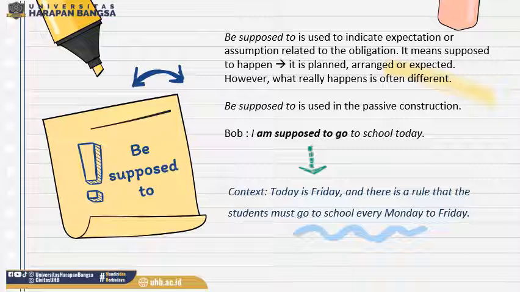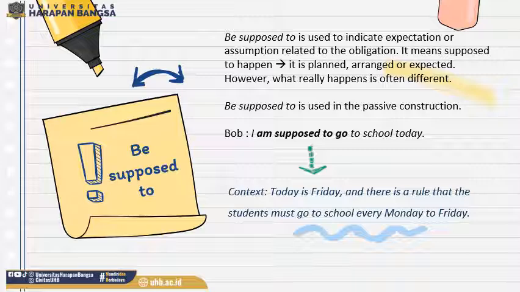Nah, tapi ternyata apa yang terjadi biasanya berbeda dari yang direncanakan. Misalnya nih, Bob bilang, I am supposed to go to school today. Aku seharusnya berangkat ke sekolah hari ini.